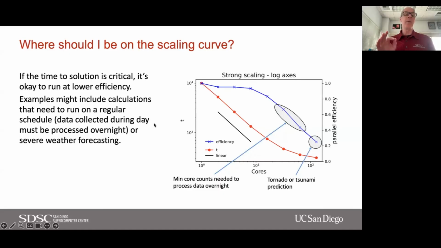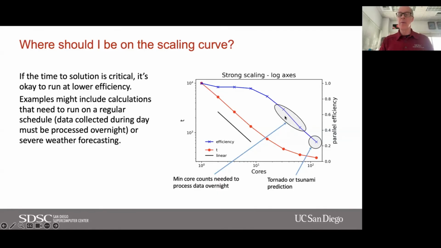Sometimes you're going to be doing computing where the time to solution is critical. This might be a little more common using hardware that you have in your own lab. So for example, if you have calculations that need to run on a regular schedule, data collected during the day has to be processed overnight, or if you're doing severe weather forecasting. I should mention, though, that you shouldn't be doing severe weather forecasting on our supercomputers. They're not designed for operational work.